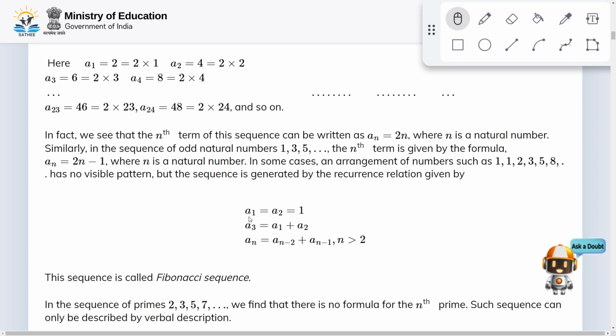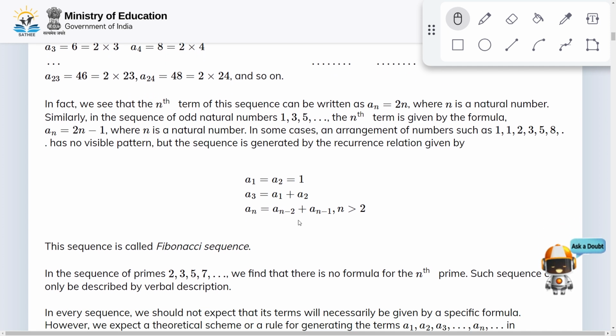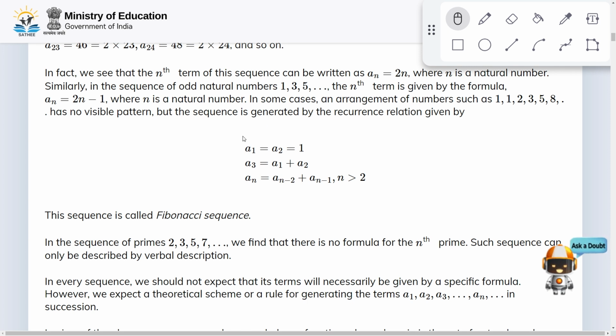The first two terms are 1, and each next term is the sum of the two preceding terms. The general form is a_n equals a_(n-1) plus a_(n-2). Clear? This sequence is called the Fibonacci sequence.